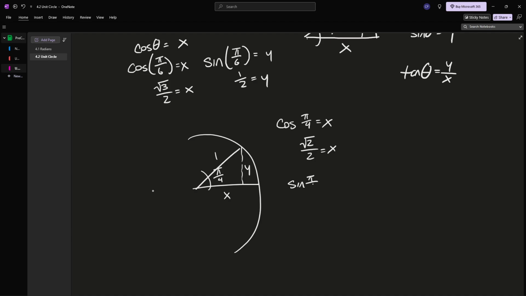Sine pi over 4 equals y. Root 2 over 2 equals y. So therefore, on the unit circle at pi over 4, that angle, you have root 2 over 2, root 2 over 2. We continue onwards, and we could fill in the table as we go.